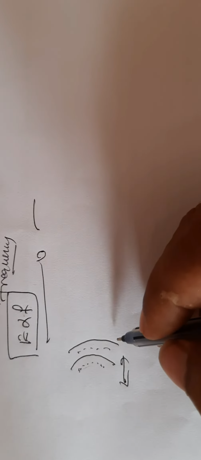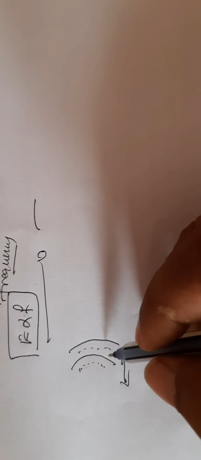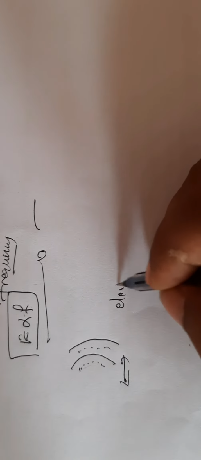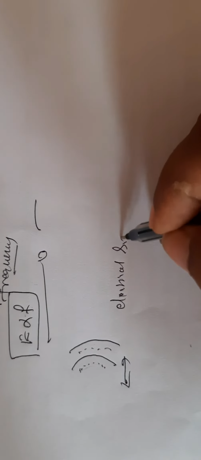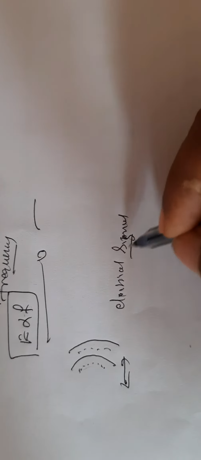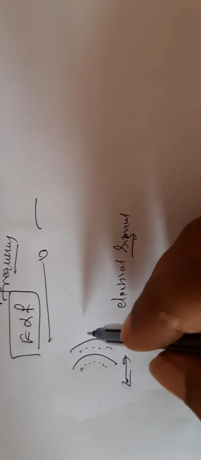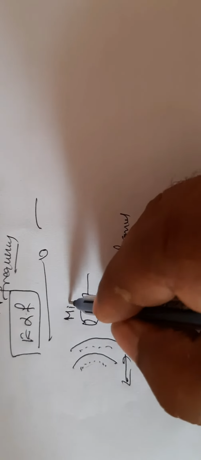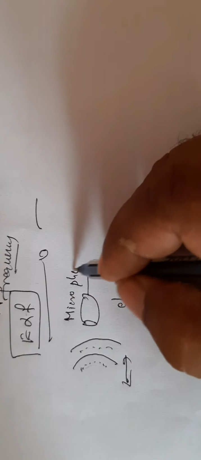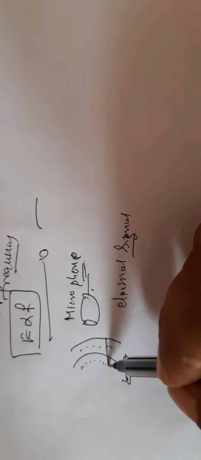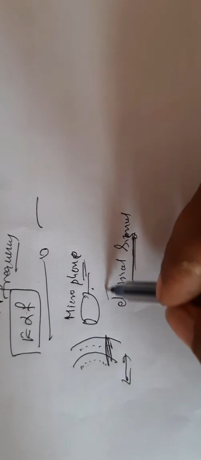But we need this mechanical sound to be converted into an electrical signal, because we need to transmit it through an electrical process from one place to another place. Therefore, you need a device. This device is called a microphone. A microphone is a transducer which is used to convert a mechanical signal into a corresponding electrical signal.